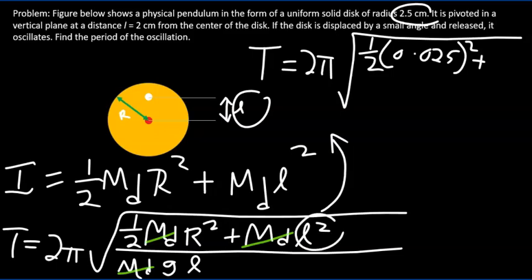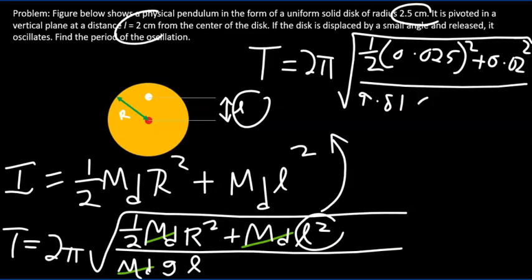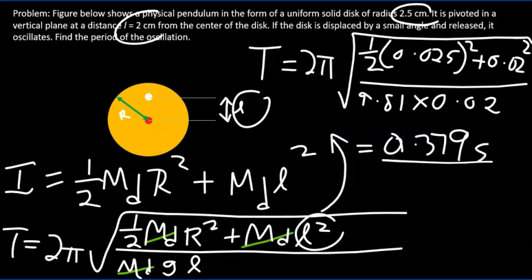L is 2 centimeters, so 0.02 squared, over g is 9.81 times, again, L, which is 2 centimeters. Convert that into meter, and that should give you period in seconds. When you do the calculation, you get the following: 0.379 seconds. And that solves the problem.